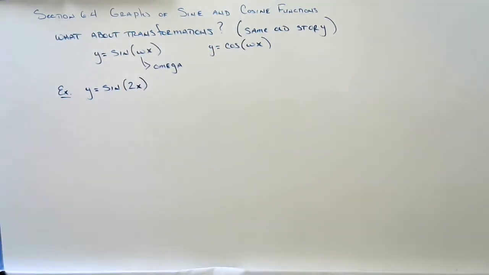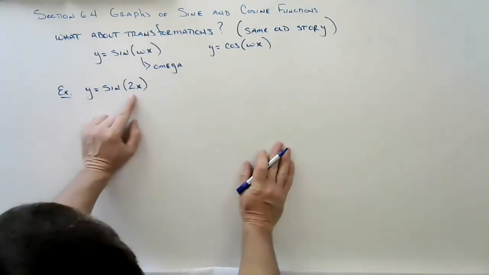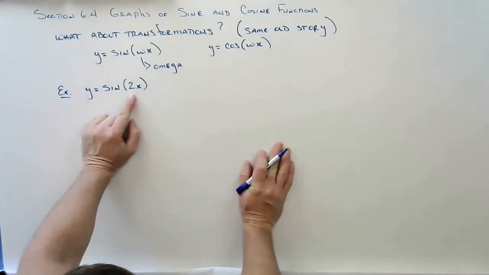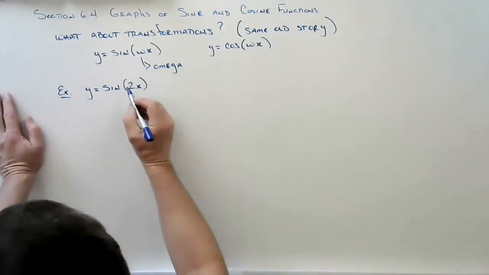What happens if he puts a 2 inside the function? Inside the function, right? This is either going to be a horizontal or a vertical compression or stretch. That's how we talked about it right back in the day. And we know this is horizontal. And horizontal is the one we didn't like, right? That's a 2.